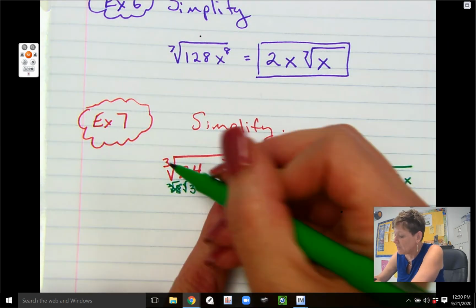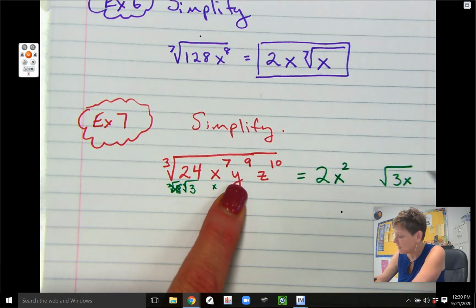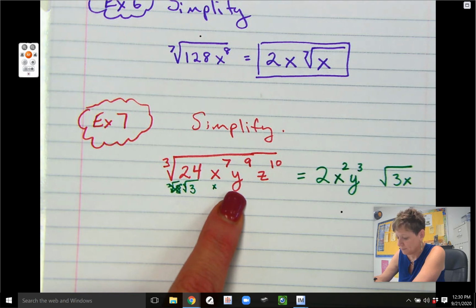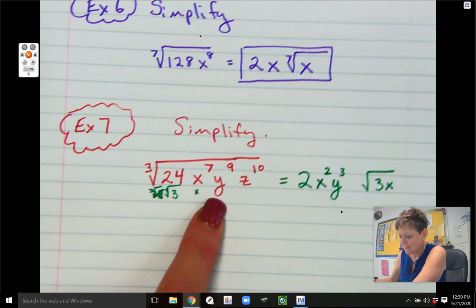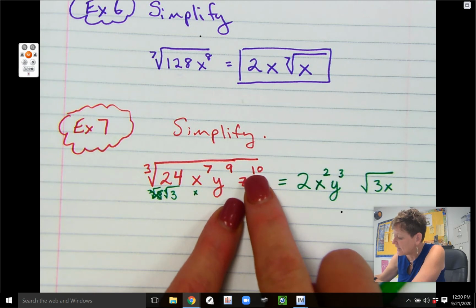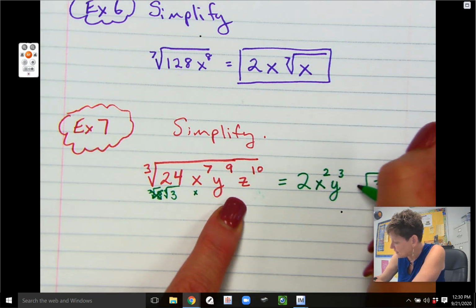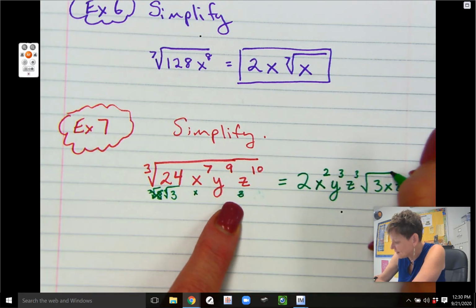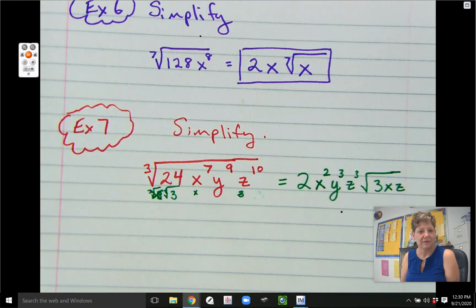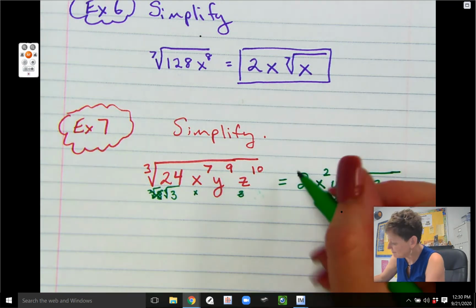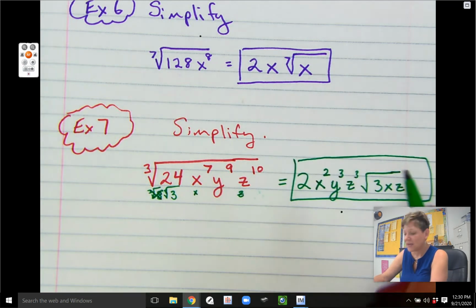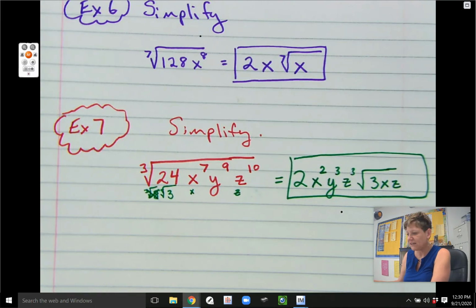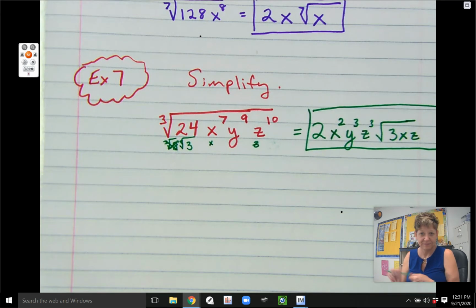All right, 3 goes into 9 3 times with nothing left over, so I have no y's left over. 3 goes into 10 3 times, so I have z cubed, and I have a z left over on the inside. Now, this is odd, so I don't have to worry about even, odd in this problem.